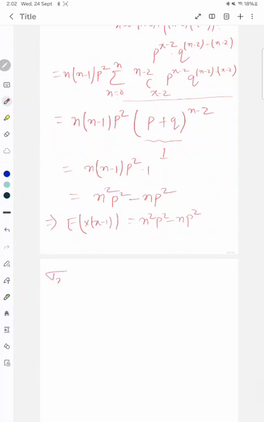Now the variance sigma x square equal to E(x square) minus E(x) whole square, and E(x square) equal to E(x into x minus 1) plus E(x), minus E(x) whole square.